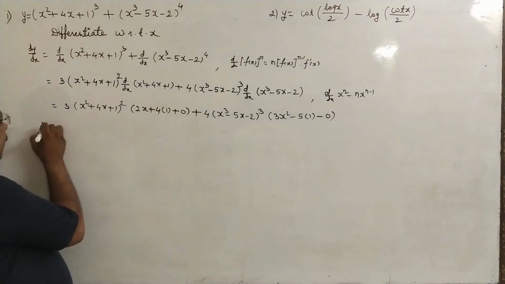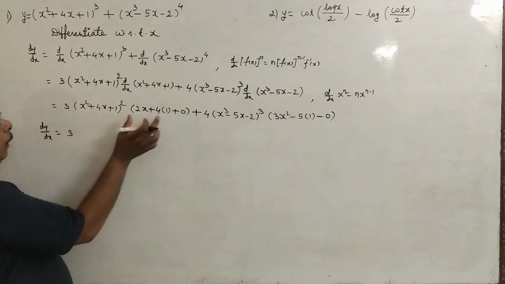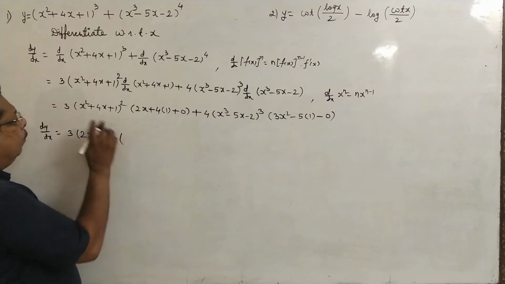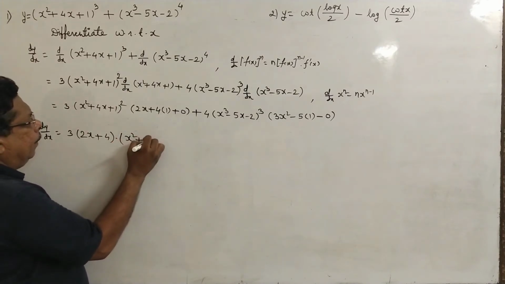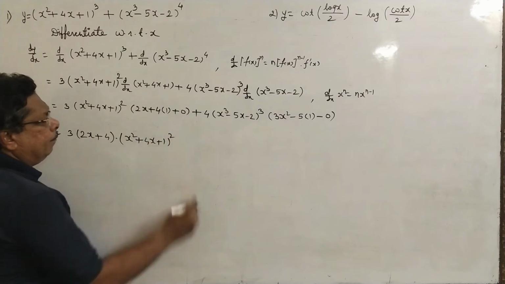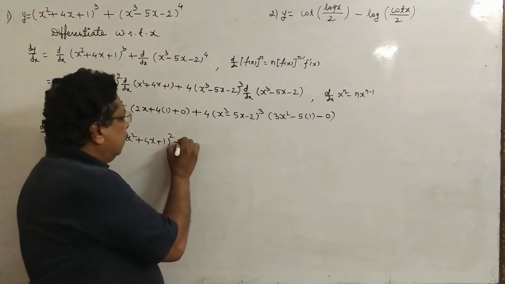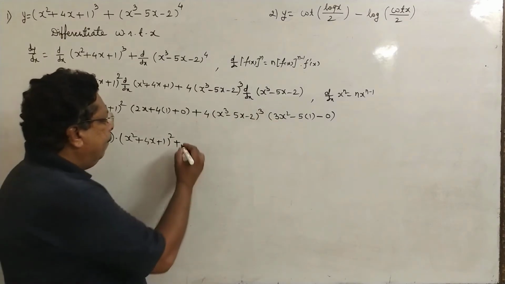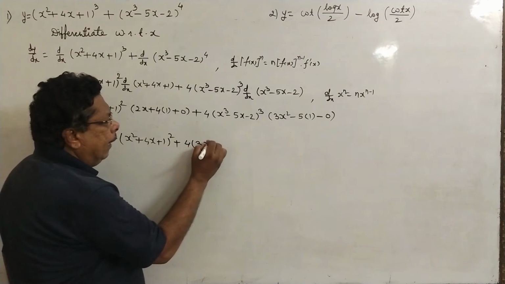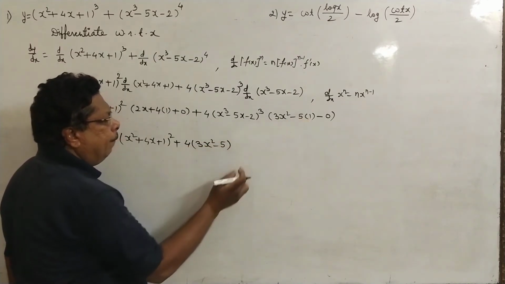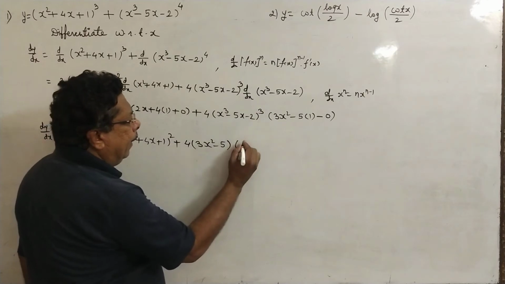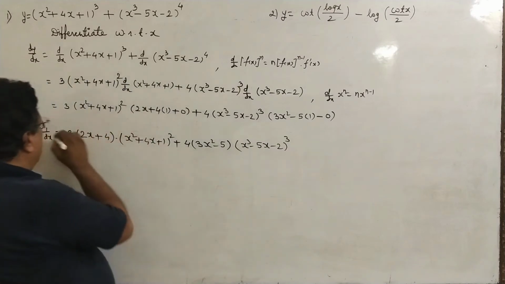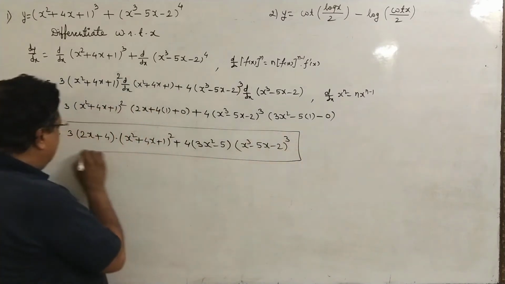So the required dy by dx is equal to 3 into this term, (2x plus 4), into this term, (x square plus 4x plus 1) square, plus, the next one is 4 into this term, (3x square minus 5), ones are 5, into this term (x cube minus 5x minus 2) raised to 3, which is the required derivative of the given function.